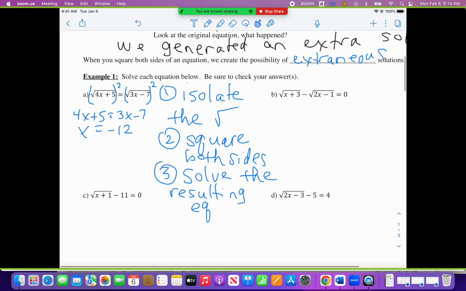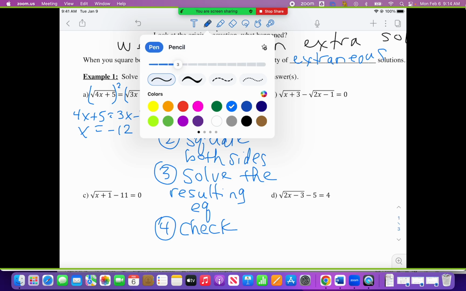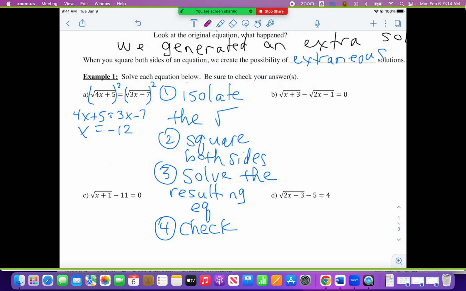Step 4 is check your answer. What that means is you go to the original equation and you take 4 times negative 12 plus 5, and I want to know, will that equal 3 times negative 12 minus 7?